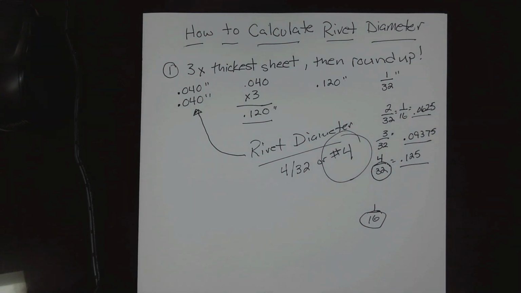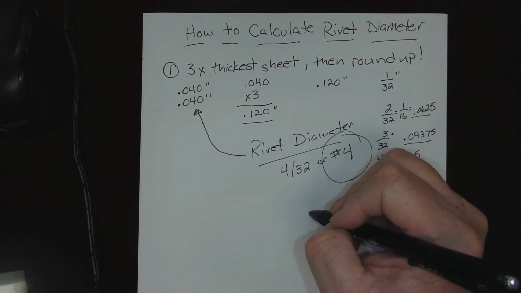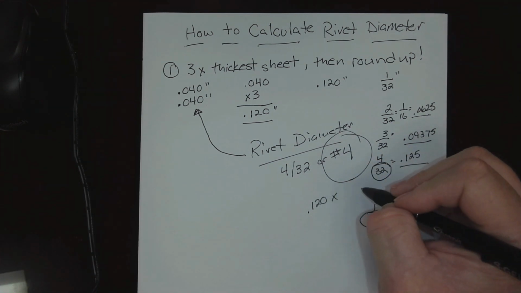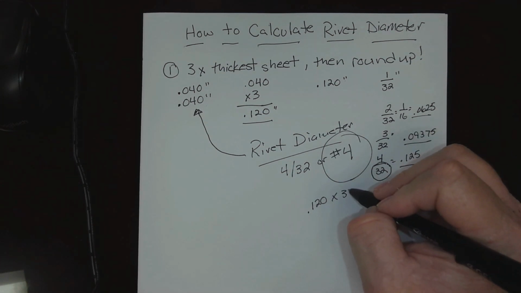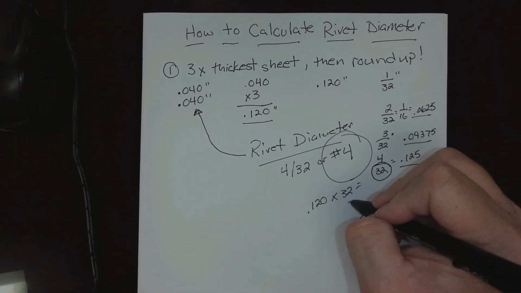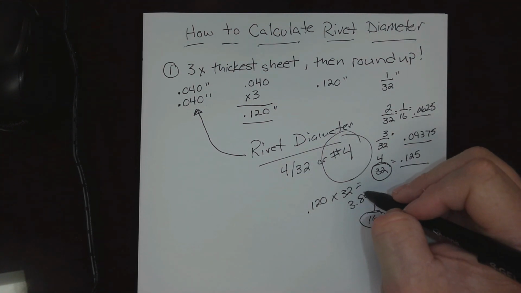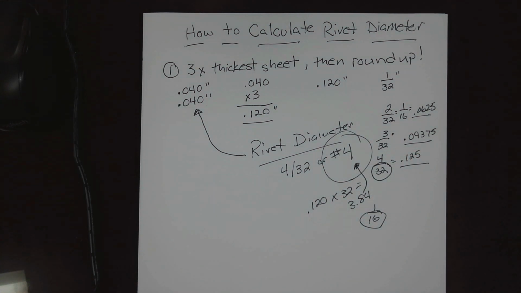So in this case, we will take 0.120 times 32, and guess what we ended up with? 0.120 times the 32nd, our constant increment, and guess what that equals? 3.84. Then if we rounded that up, we would have landed perfectly on that number 4.